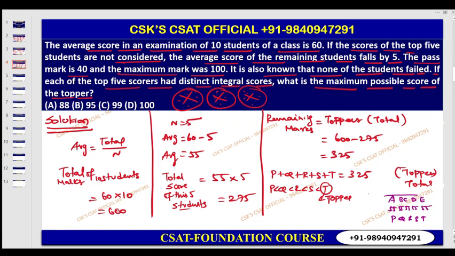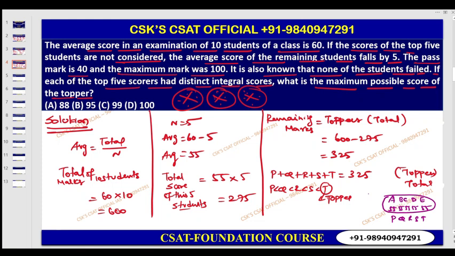So therefore this becomes 275. Now please understand, these P, Q, R, S, T are the 5 topper scores, which have distinct integral values.